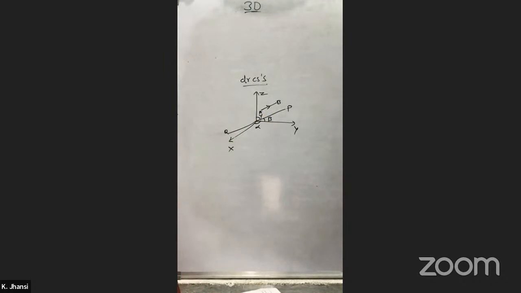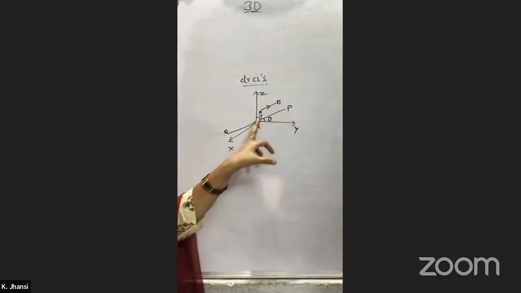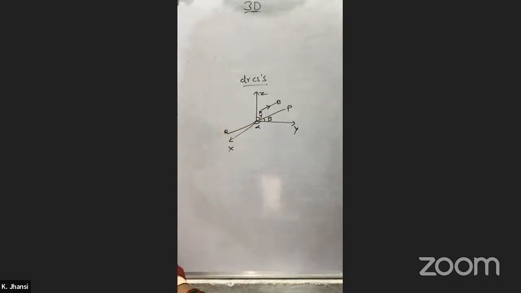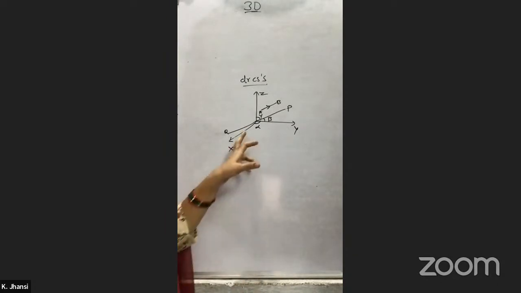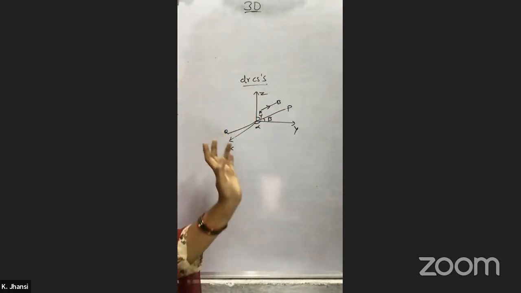So with the help of these axes, the definition is given here: if alpha, beta, gamma are the angles which any directed line, so this directed line is AB, makes with the positive directions of X, Y, Z axes respectively. With the AB line, these 3 axes are making the 3 angles alpha, beta, gamma with the positive directions. We know already these are the positive directions. If we take the opposite direction, they are the negative directions.